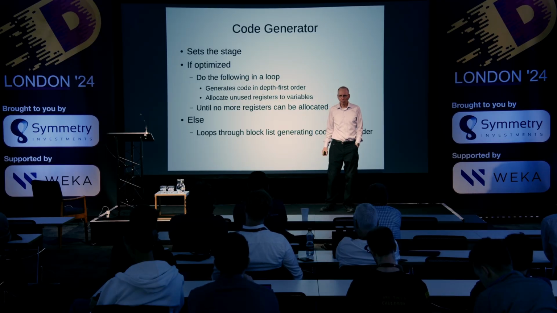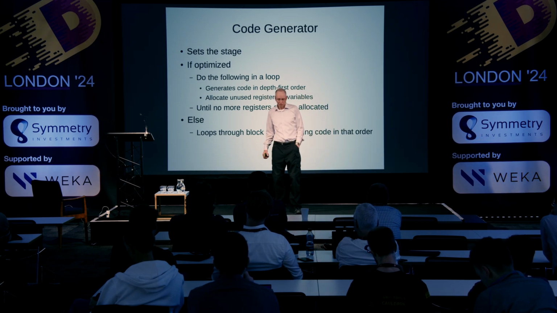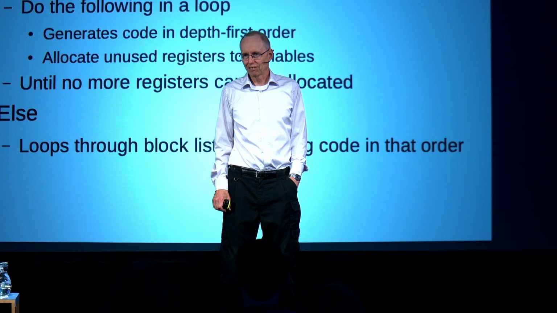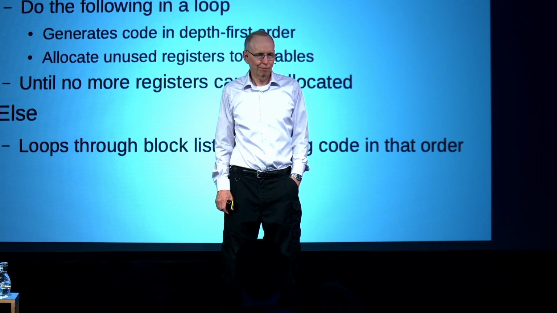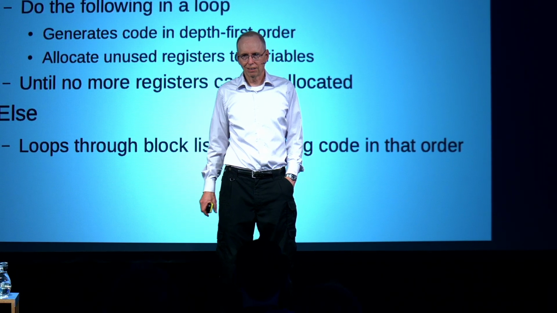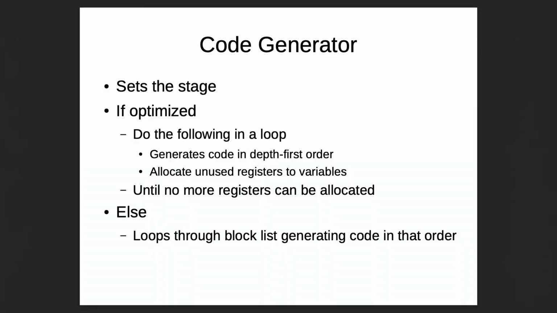Which means, of course, you can only inline a function if it's already had the code generated for it. Works great for C and C++ because they're order dependent, but D is not order dependent, so this causes a little bit of a problem with D.